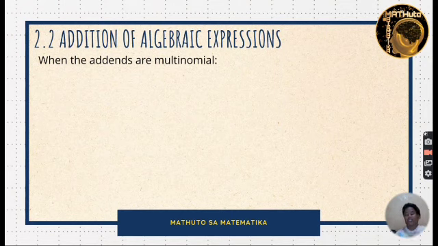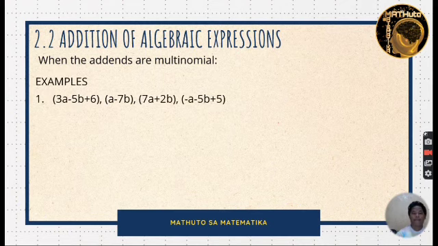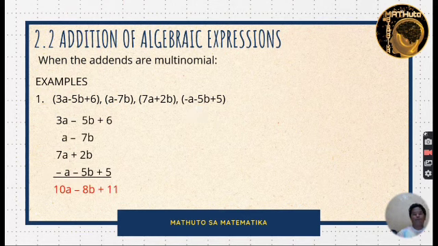Let's continue with addition of algebraic expressions when the addends are multinomials. So we have 3a minus 5b plus 6, a minus 7b, 7a plus 2b, negative a minus 5b plus 5. In addition of algebraic expressions, we should add the similar terms.